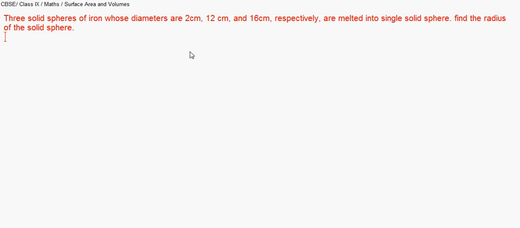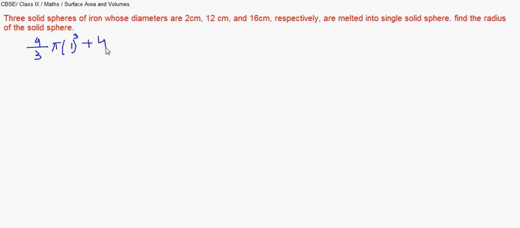So again the same thing will be applied here. The total volume of these three small spheres will be equal to the volume of the one such big solid sphere. So it will be 4 by 3 pi r cube for each of the three. So it is 4 by 3 pi. First one has a diameter 2, so r becomes 1.